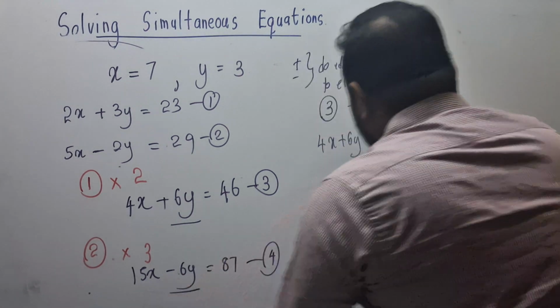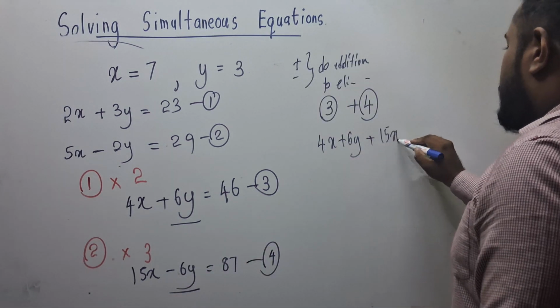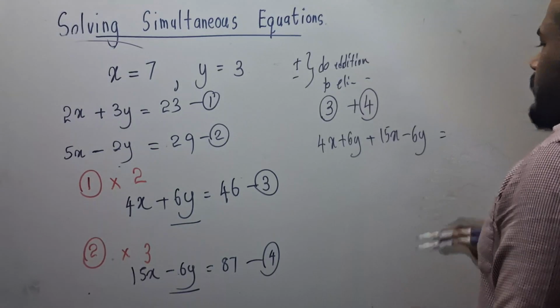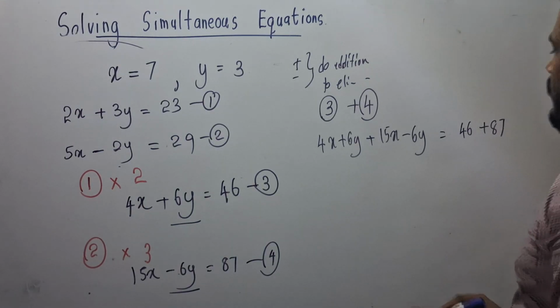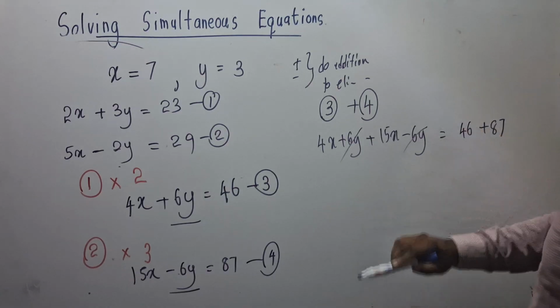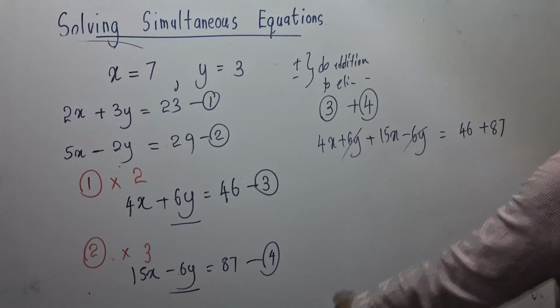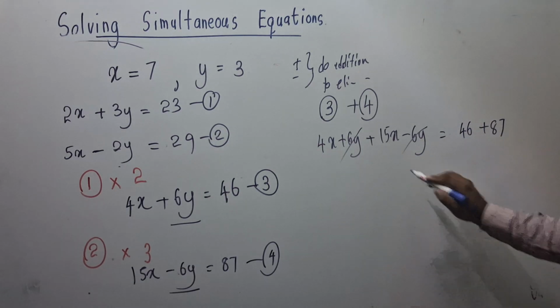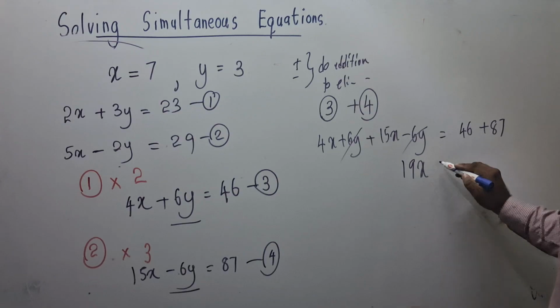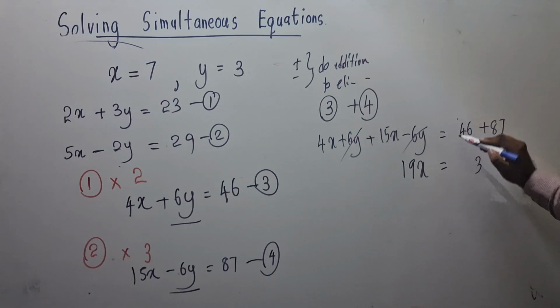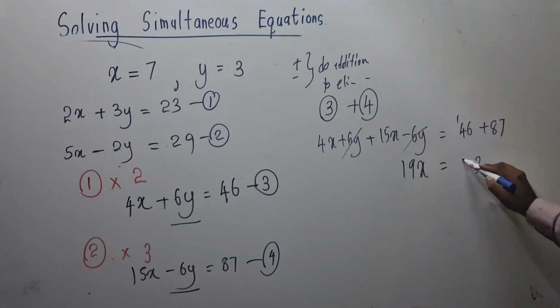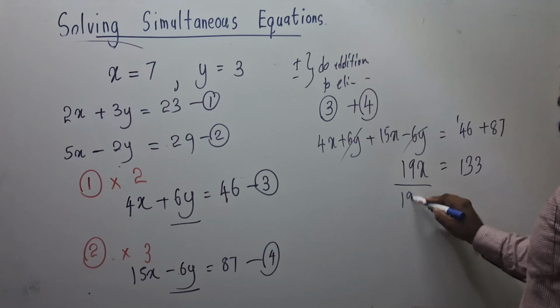The fourth equation is 15x minus 6y. The other side is 46 plus 87. Now the plus 6y and minus 6y get eliminated. 4x and 15x become 19x. 46 and 87 become 133. So what you have to do is divide both sides by 19.